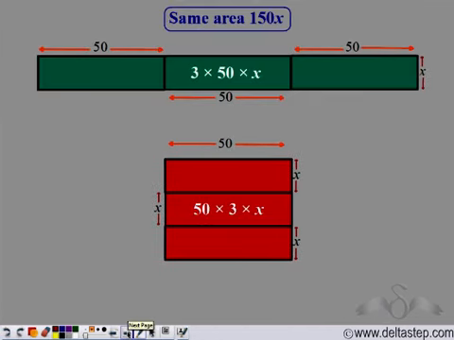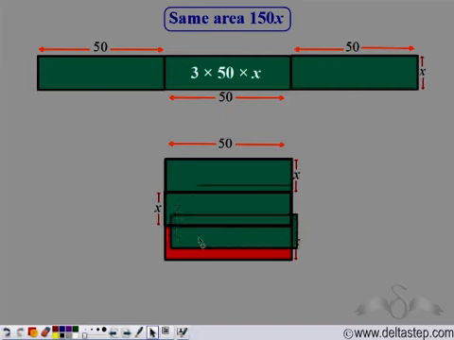Now we see that these two plots have the same area. The area of this plot is 150X and the area of this plot is also 150X. Let us see if it holds visually as well. Now this part of this plot, it perfectly overlaps with this part of the plot. This part, it perfectly overlaps this part.